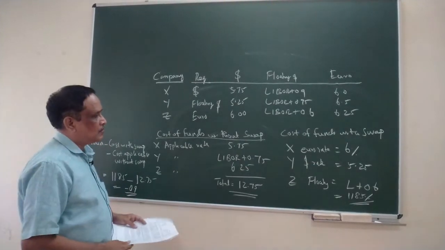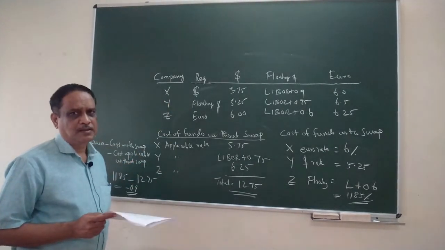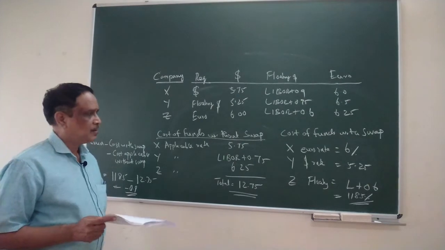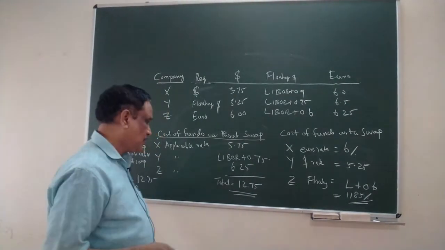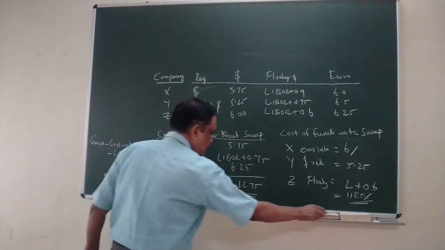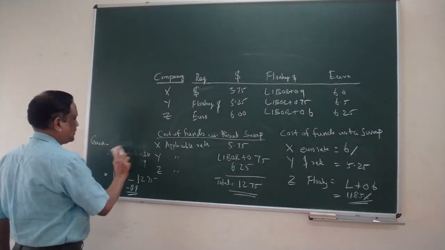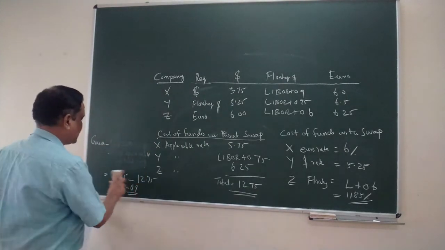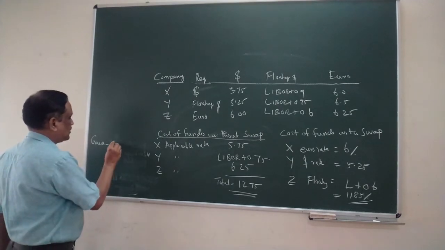So this 0.9 can be divided between all these three companies. If you find this little confusing, you can take it as cost of funds without swap minus cost of funds with swap.